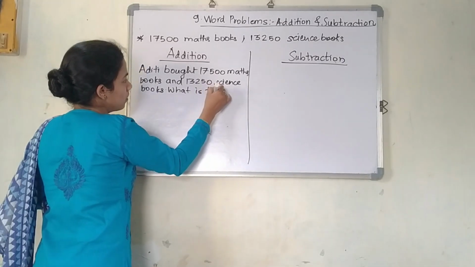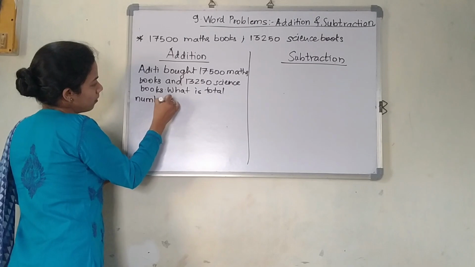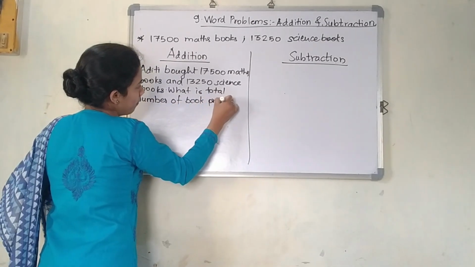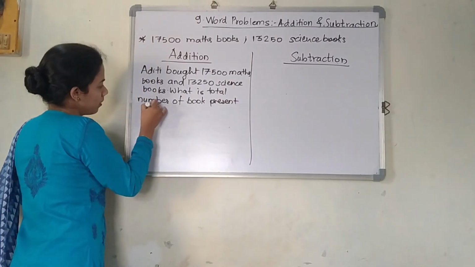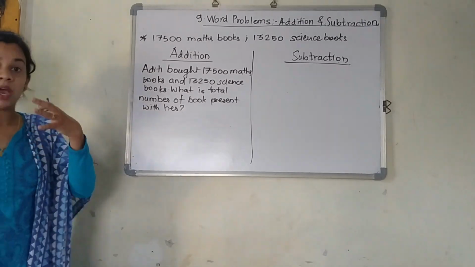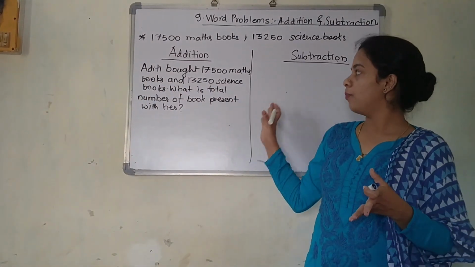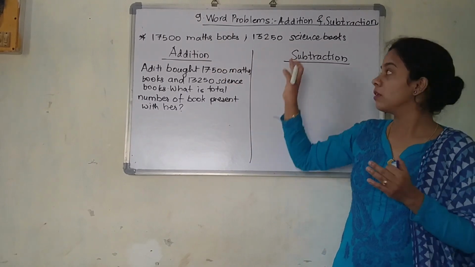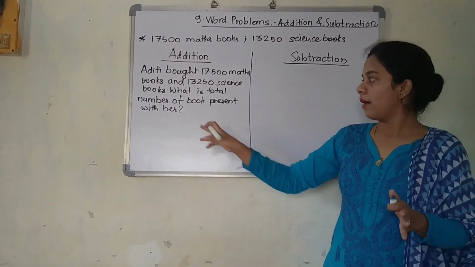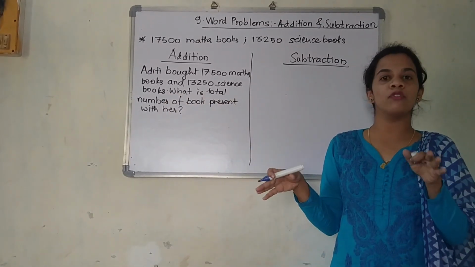What is the total number of books present with her? So now this is a question which I have formed. I have taken a random name, Aditi. Aditi bought 17,500 maths books and 13,250 science books. I stopped over here, and the main question is: what is the total number of books present with her?